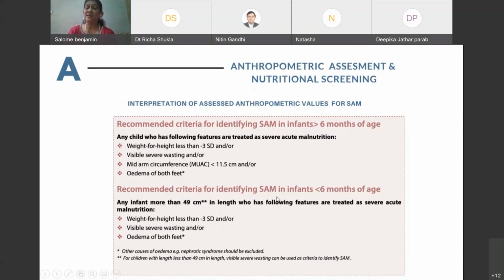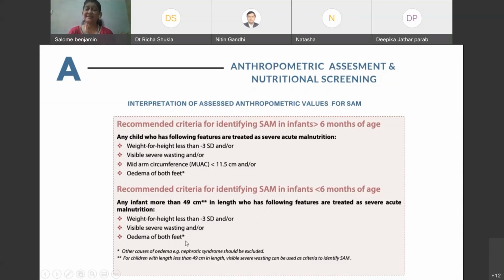If it is less than 6 months of age, the small children, and they are less than 49 centimeters in length, the following features should be there. That is, your weight for height should be less than -3 SD, visible severe wasting, and edema.